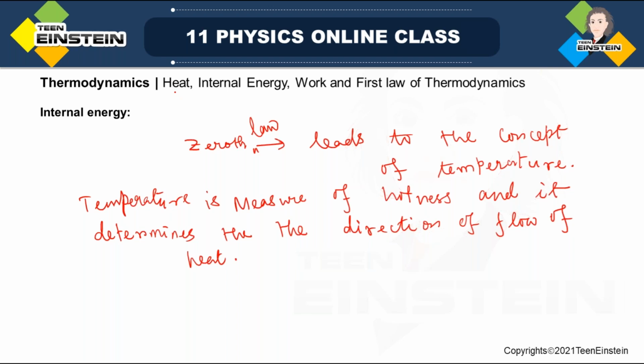So up to now we know this. Today we'll get some understanding of heat, what is internal energy, what is work, and we'll learn about the first law of thermodynamics.